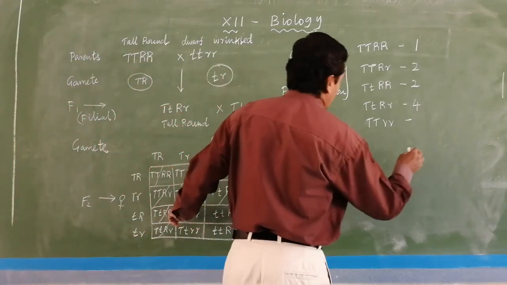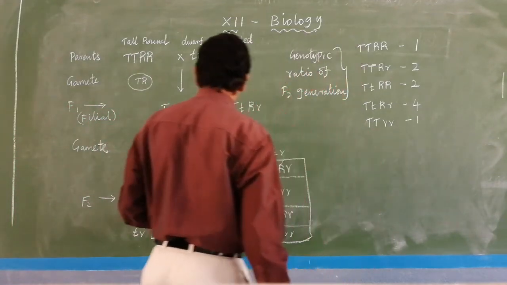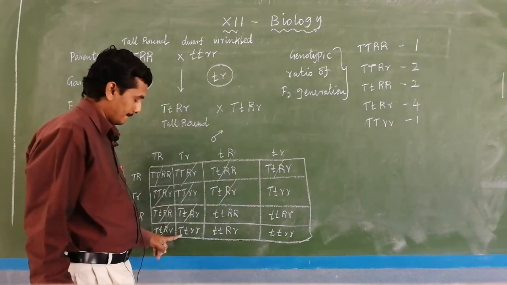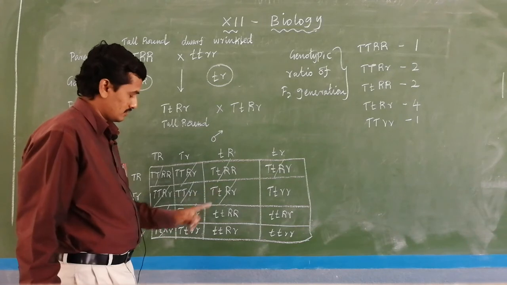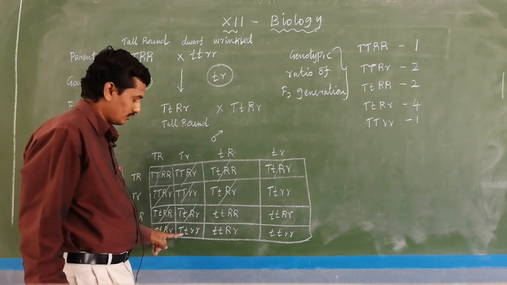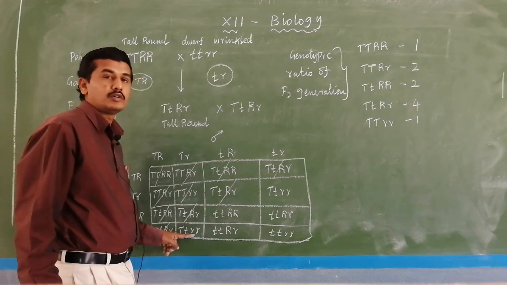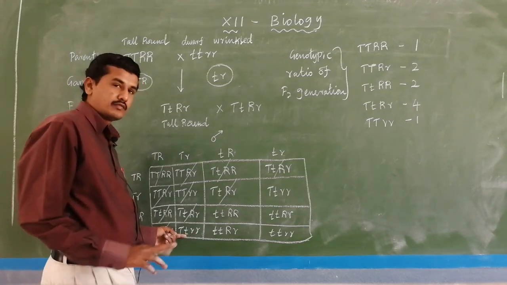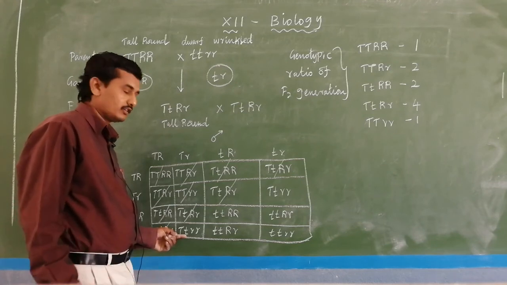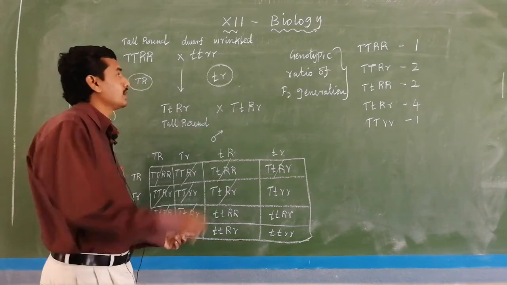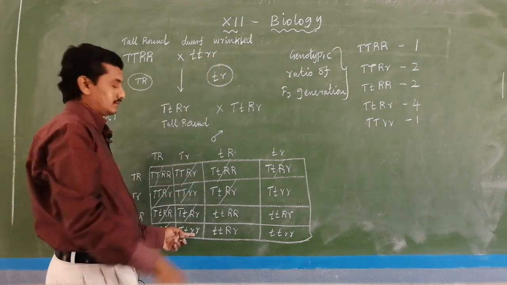Capital T and small r, only 1. Then next one. Already all finished. The next one, capital T, small r. This is heterozygous round and homozygous ringled. Heterozygous means different letters, that is heterozygous, and here homozygous ringled, because small r means ringled.